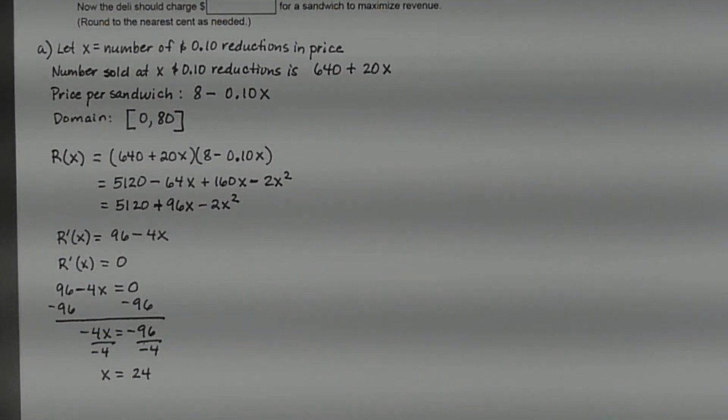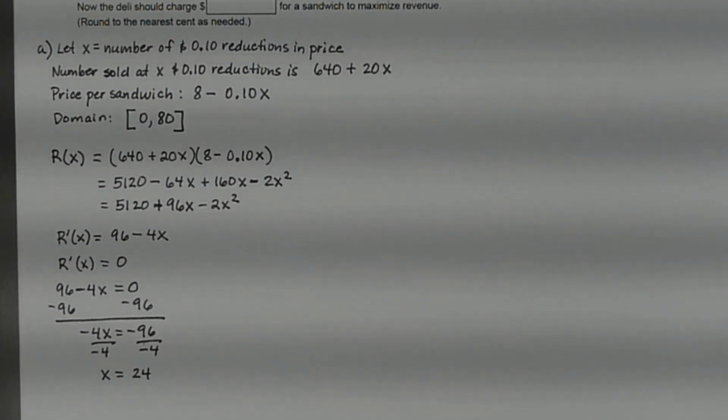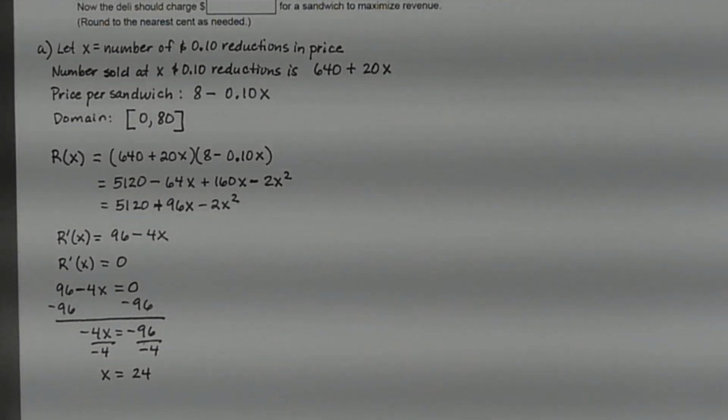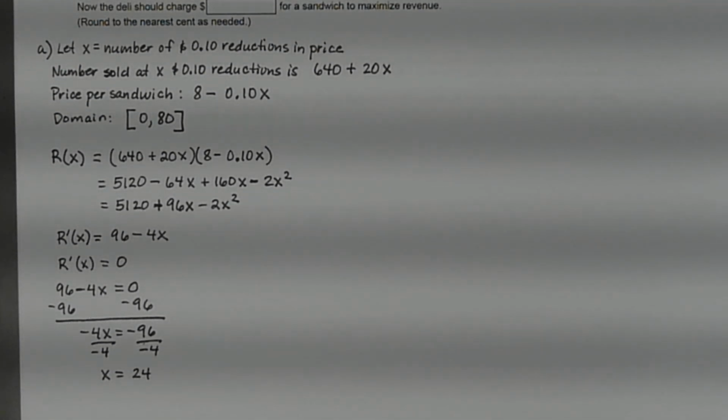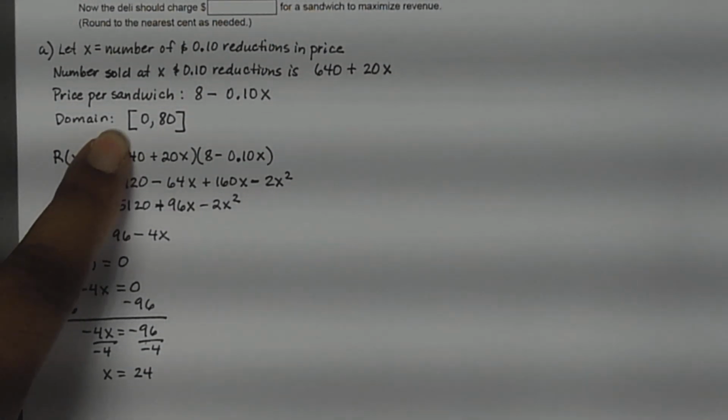Now, since we have restrictions from 0 to 80, we can just find what R of 0 is, R of 24 is, and R of 80. That would give us our absolute maximum, since we have a restricted domain.